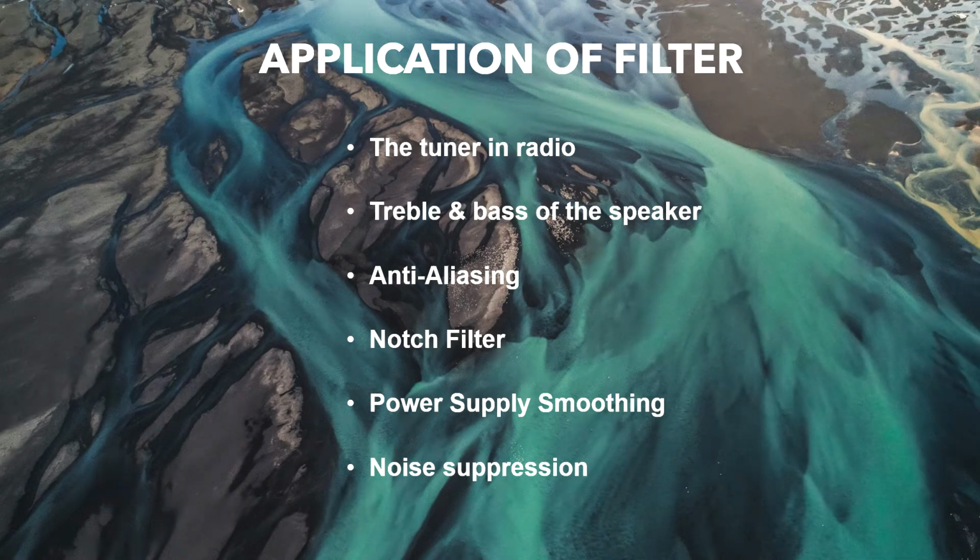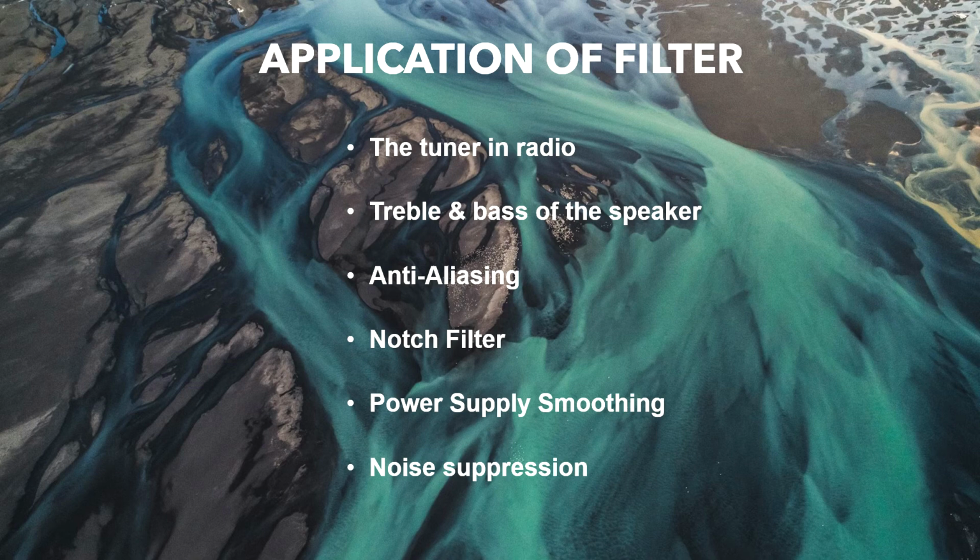Anti-aliasing is a low-pass filter that filters out the high-frequency components from a signal before sampling. Notch filters are band reject filters with a narrower bandwidth that filter out any interference signal.